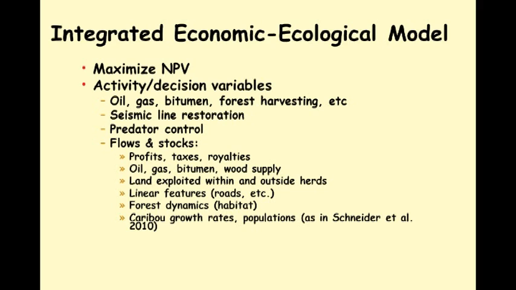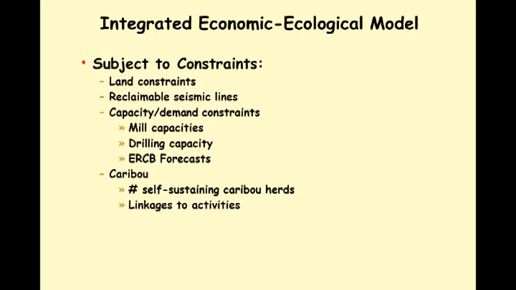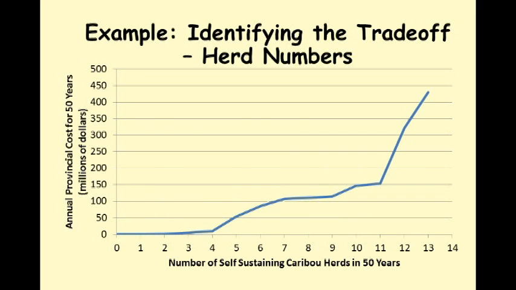The model is this integration of economics and ecology, and it's got a number of constraints in it, and it basically leads to outputs like this. So here is a curve showing you the number of herds that we have, and there are roughly 14 herds in the province, and what would it cost us if we wanted to make all of those 14 herds self-sustaining.